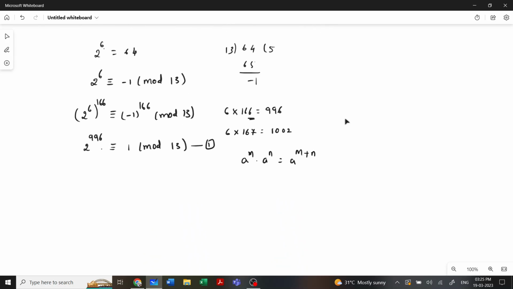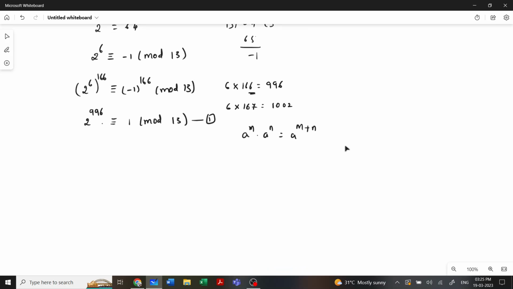Now calculate 2 power 4, which is 16, but 16 is more than 13. If you divide 16 by 13, the remainder is 3. So 2 to the power of 4 is congruent to 3 in mod 13. This is equation 2.